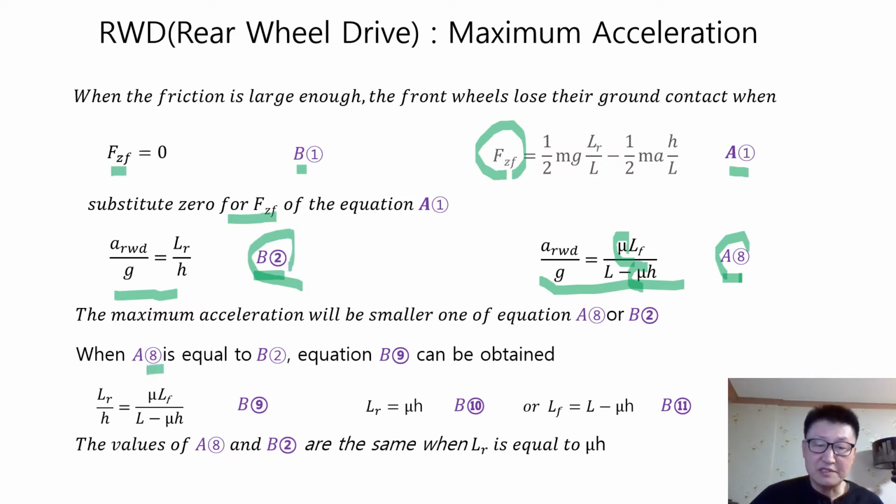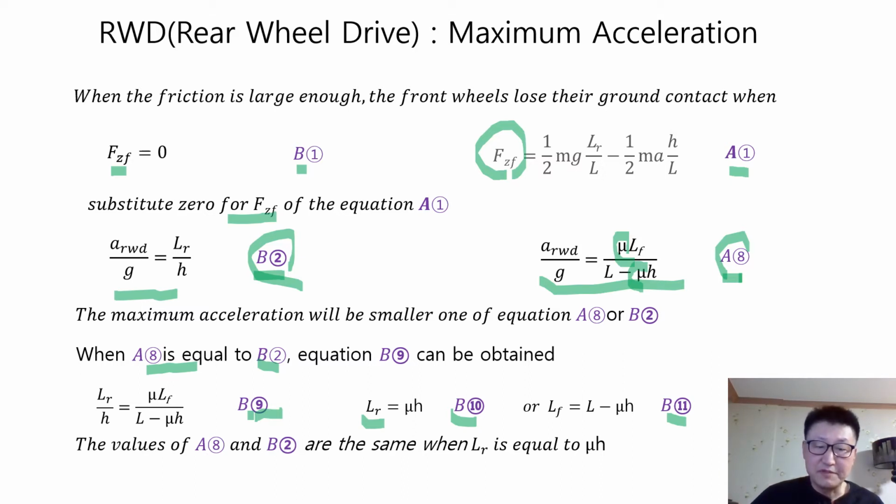When A8 is equal to B2, equation A9 can be obtained. Arranging equation A9, we can get equation B10. We can obtain equation B11. Substitute L minus L_F for L_R, because L is equal to L_F plus L_R.